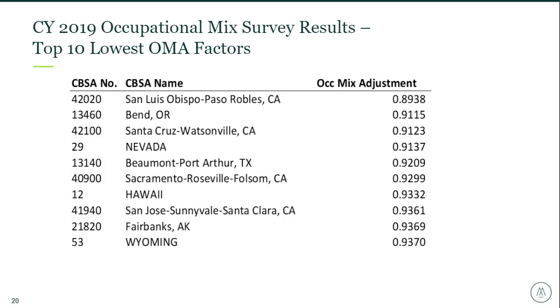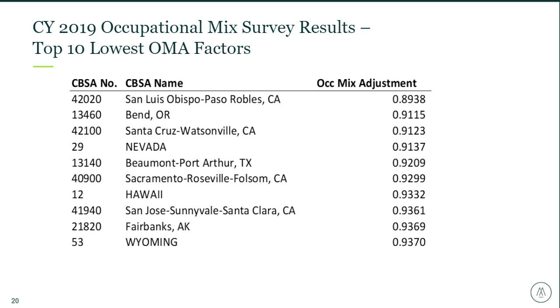On this slide, what we did is we isolated the top 10 CBSAs with the lowest OMA factor. These are the CBSAs that are experiencing the worst adjustments from the Occupational Mix Survey that's currently in play. We note there are several CBSAs that are located in California on this list.